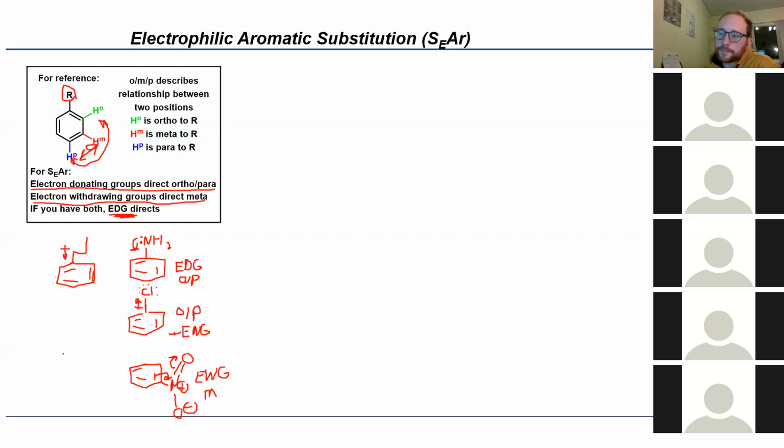Someone asked, can you explain why ketones and esters act as meta directors? That's for the same reason as the nitro group.